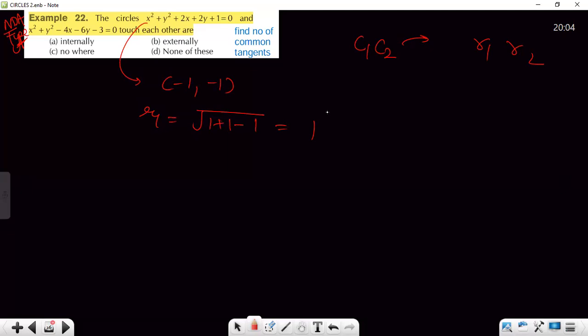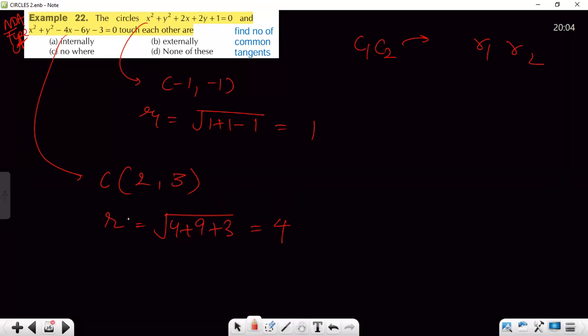Yes, sir. Okay, then the center for the second is (2, 3), since 6 by 2 is 3. Radius is the square root of 2 square plus 3 square minus the constant, so 4 plus 9 is 13, plus 3 is 16.